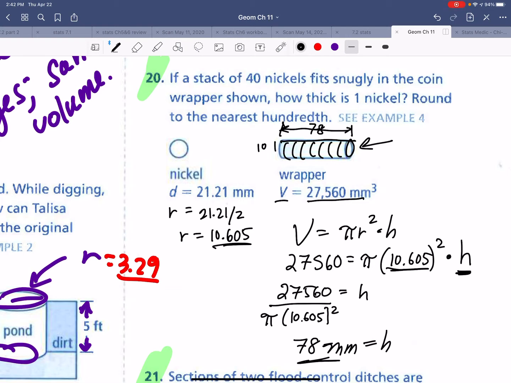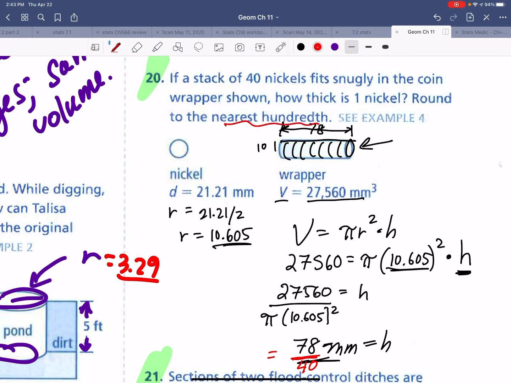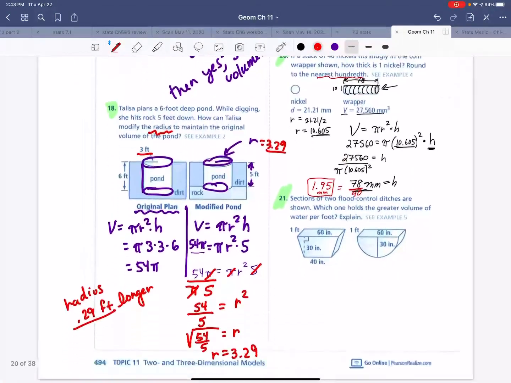So this is similar to the lesson check we did. I got to divide by 40 nickels, and let's find the height of one nickel. Divide by 40. It says round to the nearest hundredth. I get 1.95 millimeters. And you know what? I bet you Google it, that's going to be right. Cool, right?